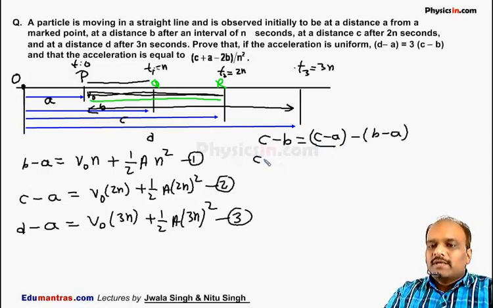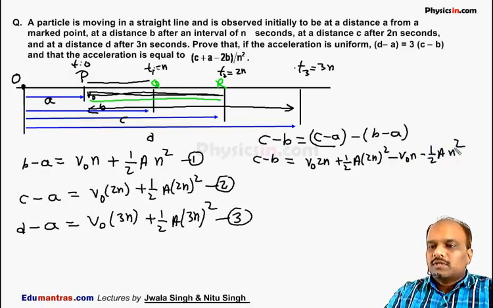So c minus b is v naught into 2n plus 1 by 2 a into 2n whole square, minus b minus a, which is v naught into n plus 1 by 2 a into n square.